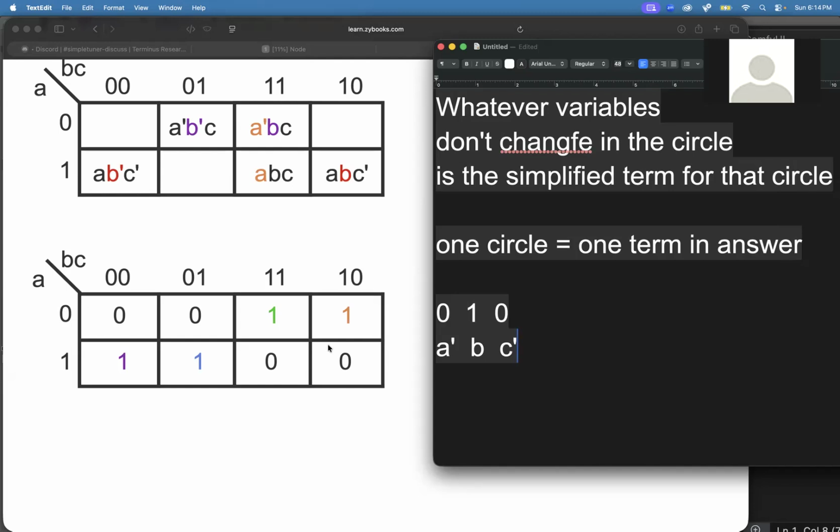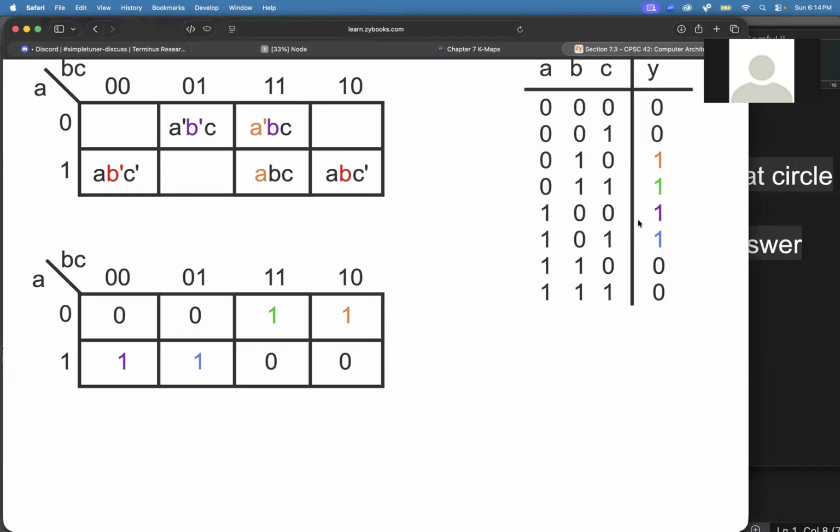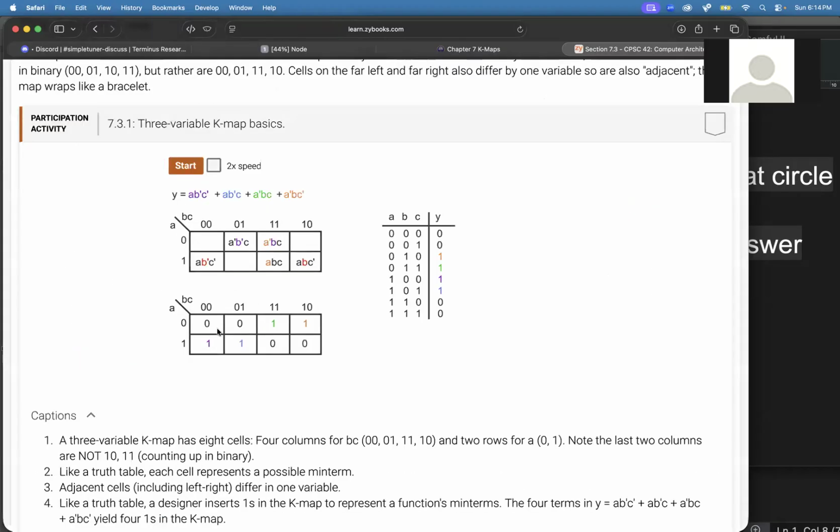A is 0, and then the other two are 1, 0 together. So A is 0, and then you go over here to 1, 0. So right here is this term, not A, B, not C. That's the orange one right here. There are four ones in the truth table, so there are four ones here. Everything else is automatically zero.